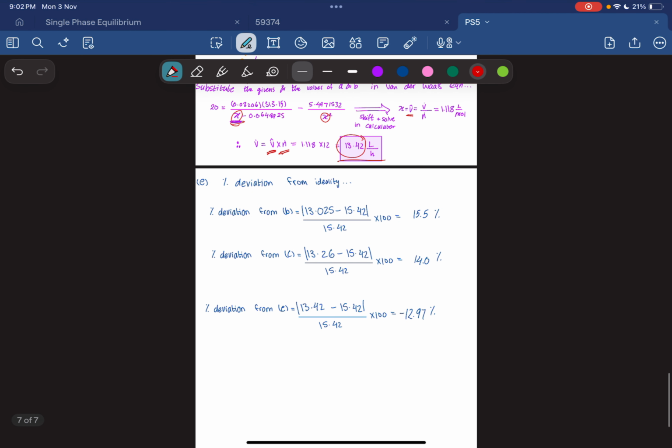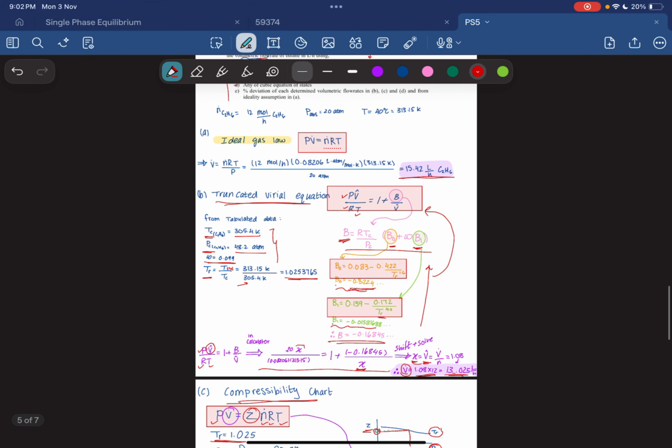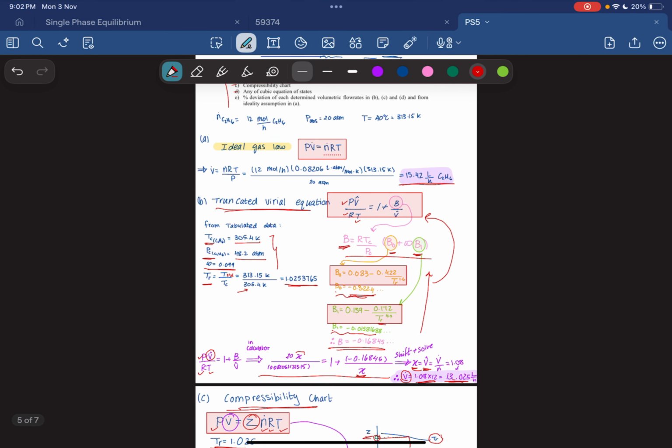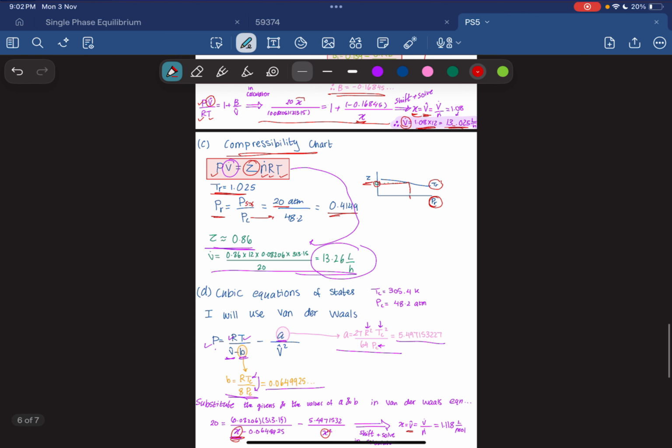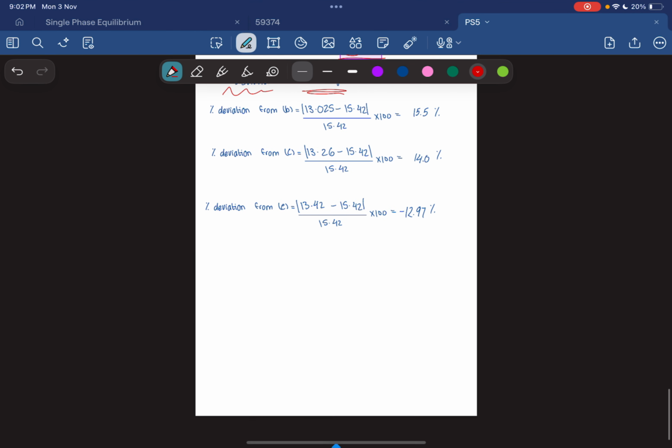Now, for the last part, we need to calculate the percent deviation from the ideal value. So here, we would use the values obtained from part B in the Virial equation, part C, we used the compressibility chart, and part D, we used the van der Waals equation.